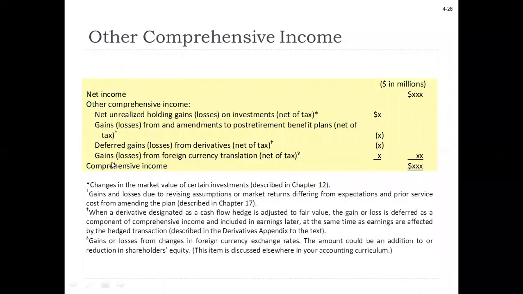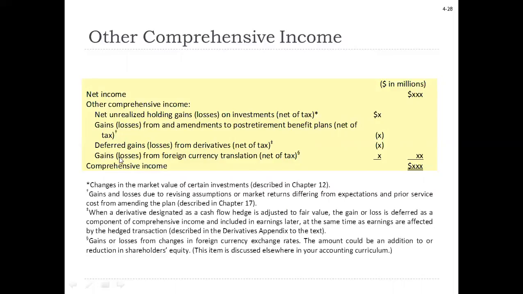And here's an example of how it's shown. Net income, and then you add these 4 specialized other comprehensive income items. Okay, so there's post-retirement benefit plans, gains or losses on market value of investments.